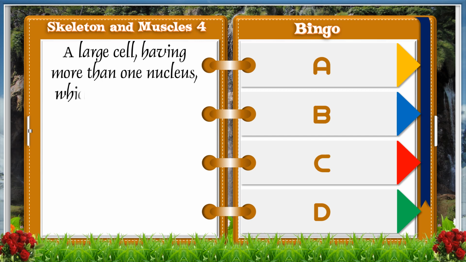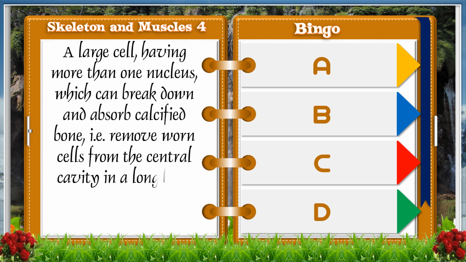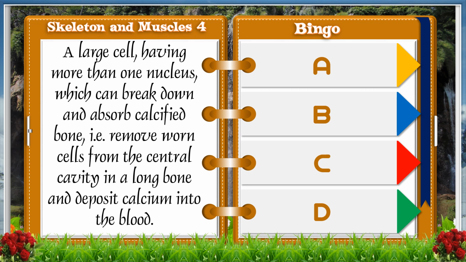A large cell having more than one nucleus, which can break down and absorb calcified bone. For example, it removes worn cells from the central cavity in a long bone and deposits calcium into the blood.